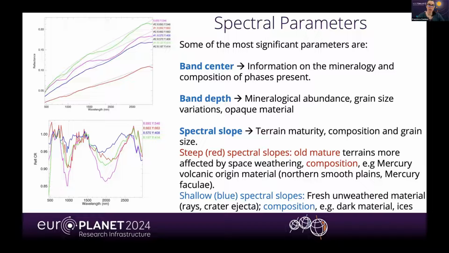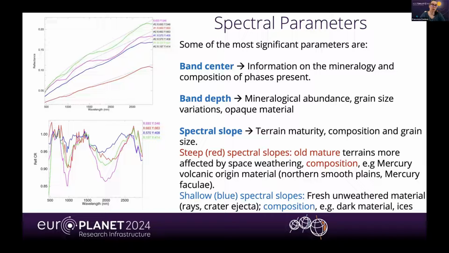So if we have, for example, the same mineral measured at different grain sizes, we see in some cases an important variation in the band depth. Opaque material, when present, also has the effect of reducing the depth of the band. And these three effects are strictly related to each other. So it's not easy to discriminate the main contribution to the band depth just using this parameter.